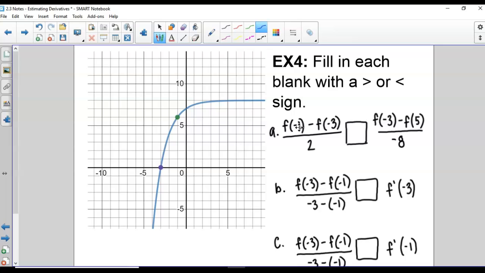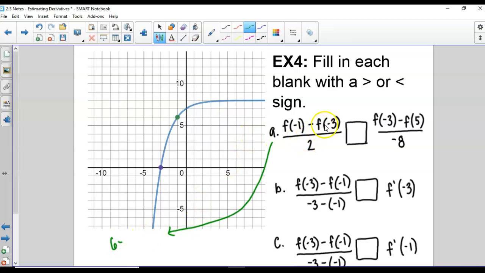What is, let's see, Destiny, what is f of negative 1 on that graph? It'll be the y-coordinate. Okay, so negative 1's here. So on our point right here, what's our y-coordinate that goes with that? 6. So f of negative 1 is 6.